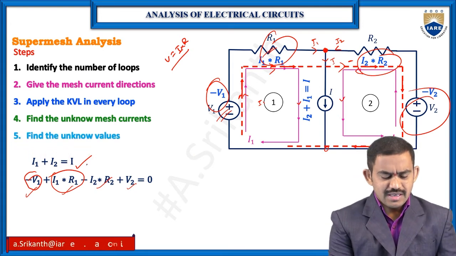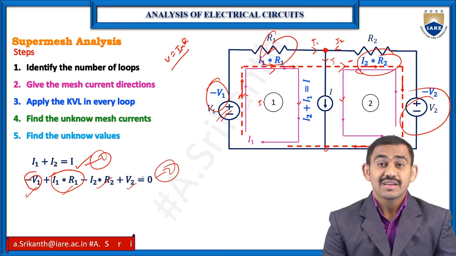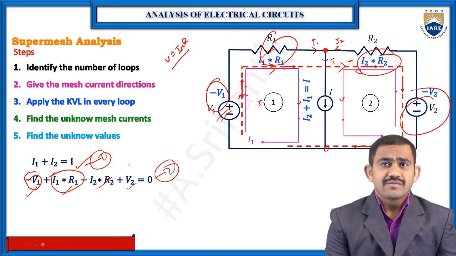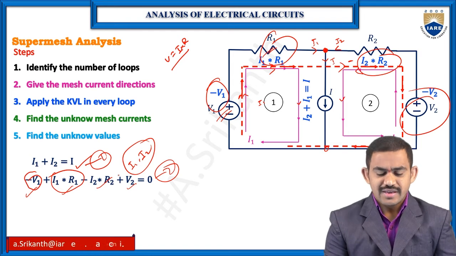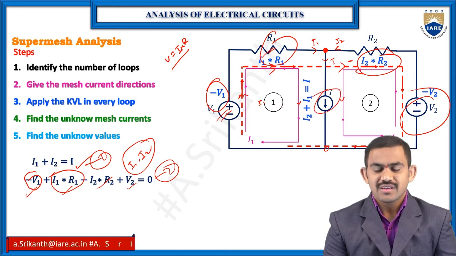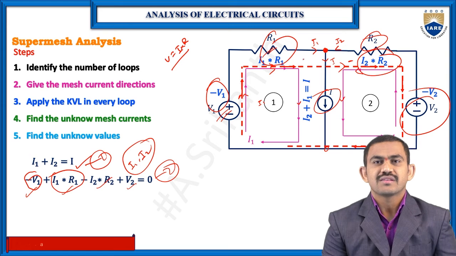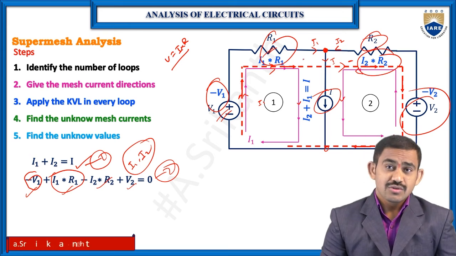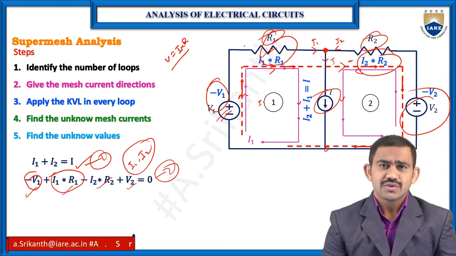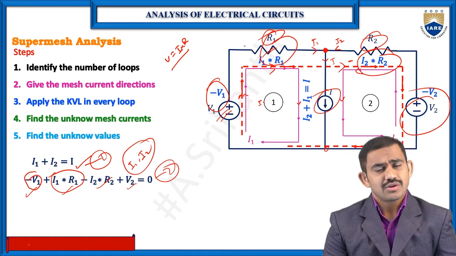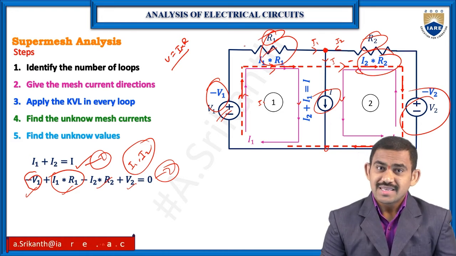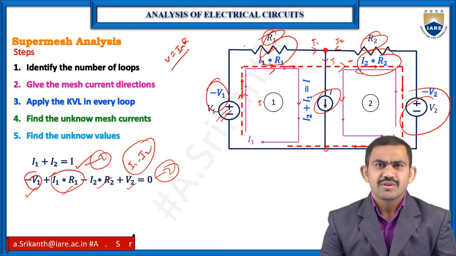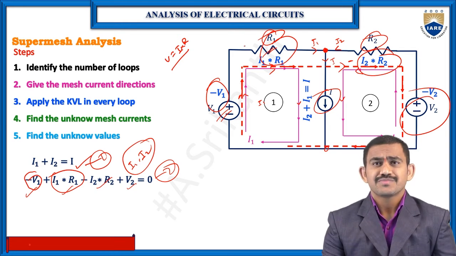Using equation 1 and equation 2, we get the I1 and I2 values. Using I1 and I2, if you want to find the I value, you can find it. If you want the R2 voltage source value, you can find it, and the R1 voltage source value also. This is about super mesh analysis. So we'll go for a small problem, then we'll clarify this super mesh.